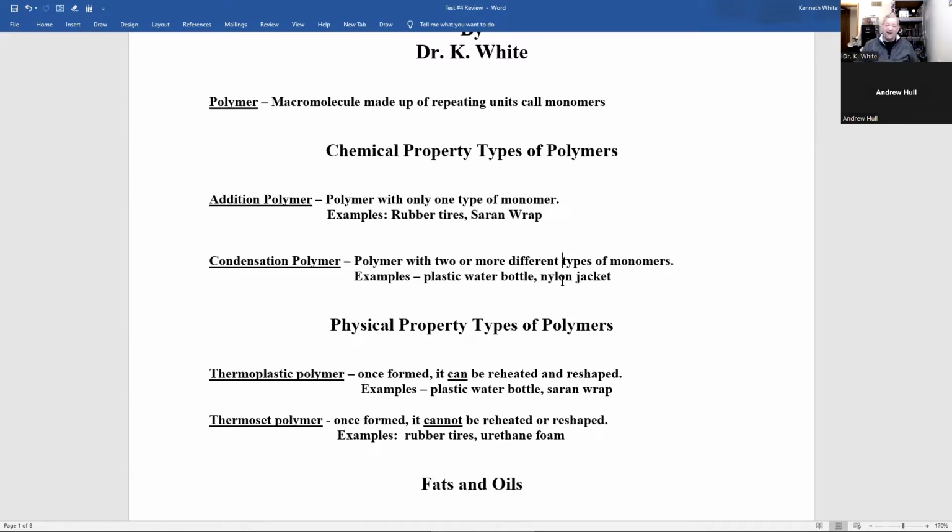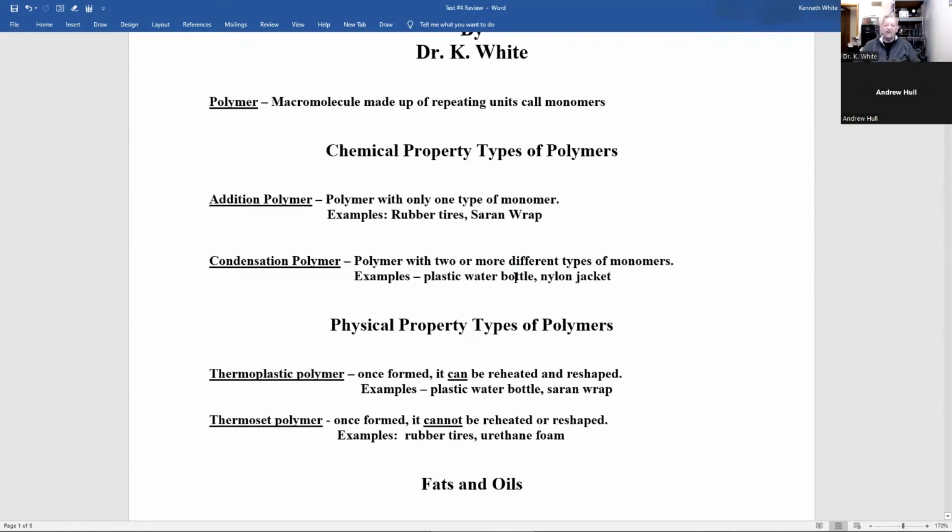Another one would be a nylon jacket or urethane foam insulation. Remember, a condensation polymer is made with two or more different types of monomers.